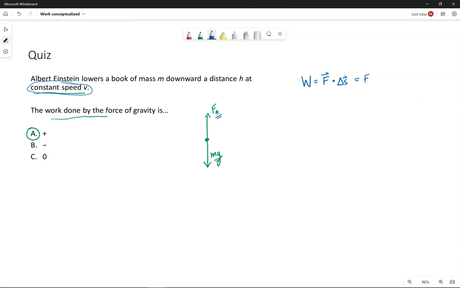We can write this also as the magnitude of the force, the magnitude of the displacement times the cosine of the angle between them.